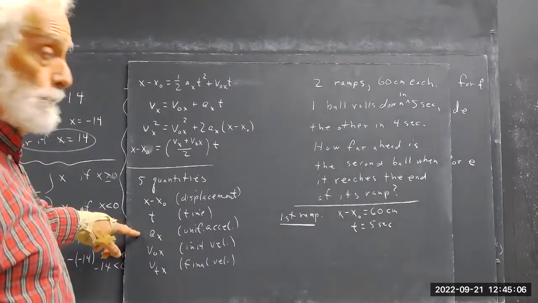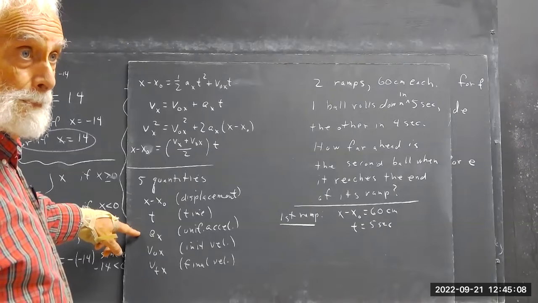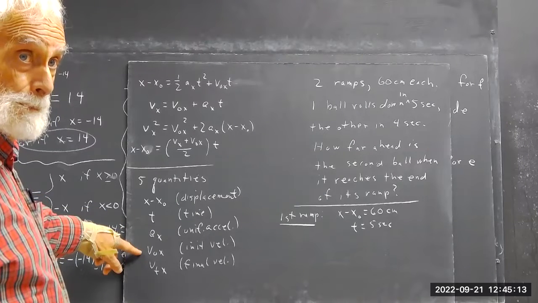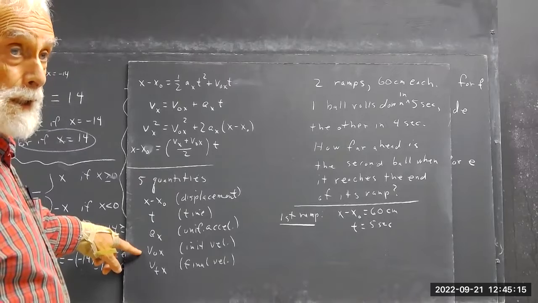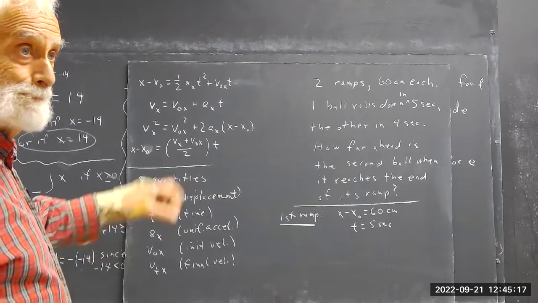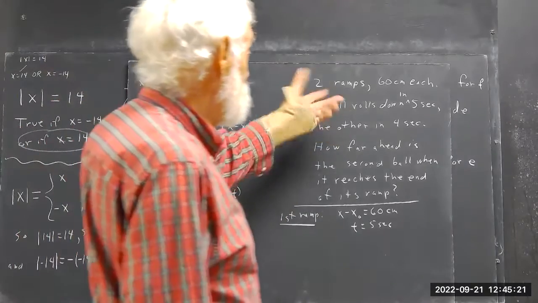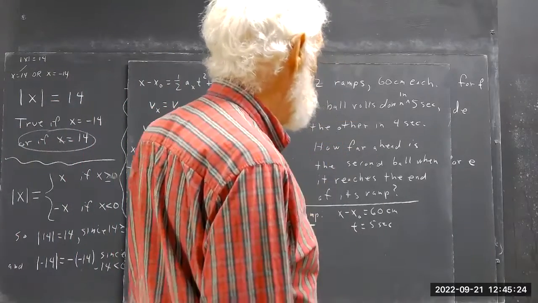We know the uniform acceleration. We know the initial velocity. How fast is that thing going when it starts? It's not moving. No, I didn't say it rolls down in 5 seconds.